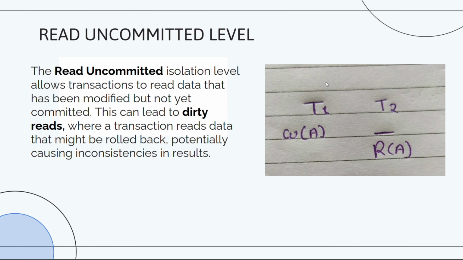You can see in the example there is transaction 1 and transaction 2, where transaction 1 is writing data A and transaction 2 is directly reading data A without transaction 1's data being committed. So that comes under the dirty read. Even if the data is written and uncommitted, the data which has been written would be wasted in the database.